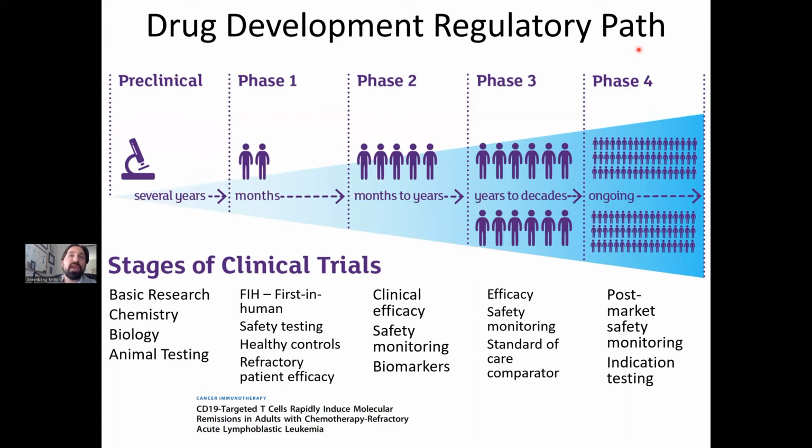Anytime there's a new therapeutic that enters the market, a new drug that can be prescribed at the pharmacy counter, all of those drugs have gone through this quite complex stage of clinical trials and preclinical research. Starting with the preclinical research, this involves identifying novel drug targets.